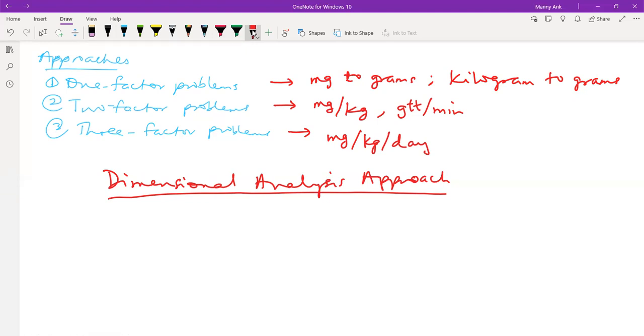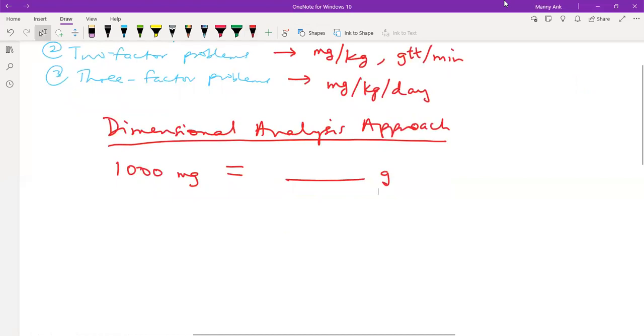For example, if I want to convert 1,000 milligrams to, let's say, grams, you always have to start with the given.